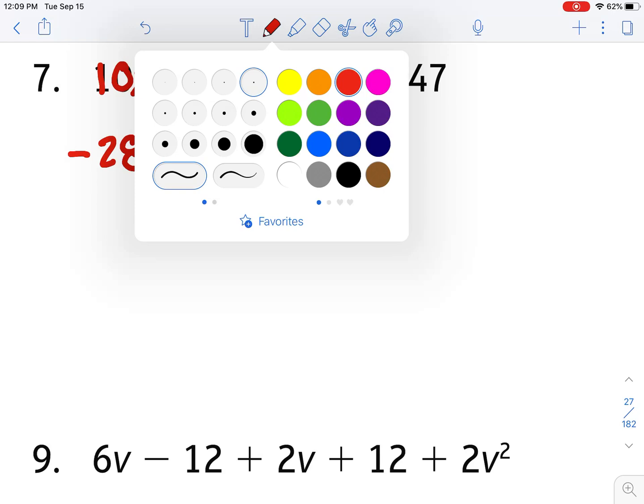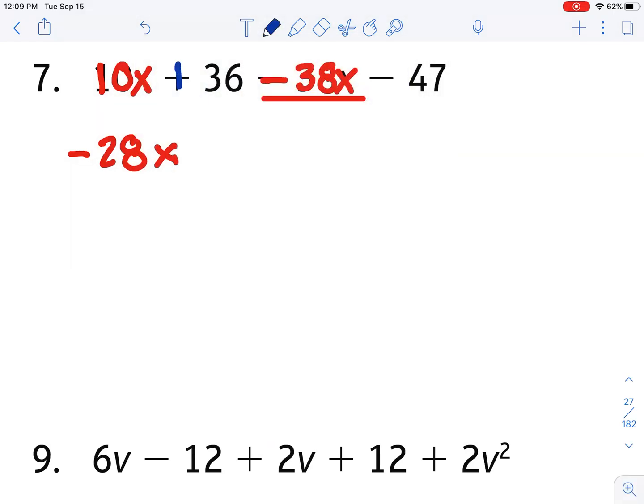I keep the x's because the x's stay. I have positive 36 and negative 47. These combine together. The 47 is bigger and it's a negative number, so it's going to be a negative answer. 47 is 11 numbers bigger than 36.